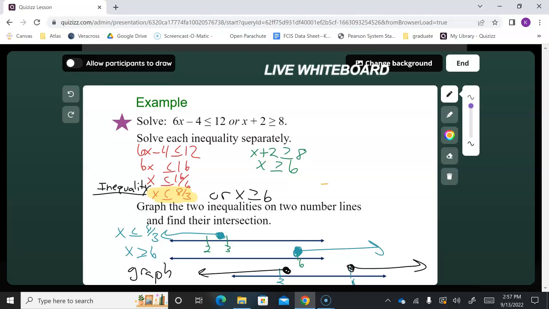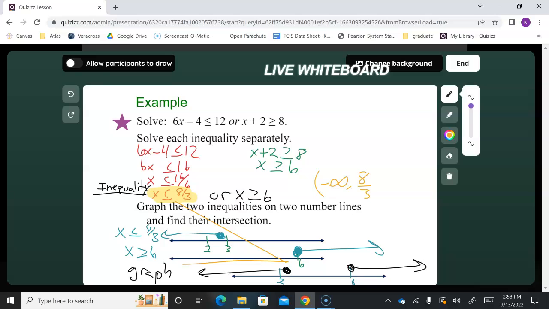Okay? So negative infinity. Now, I'm going to go all the way up until what point? Nope, there's a gap. So where did it stop here? At 8/3. So negative infinity all the way up to 8/3.